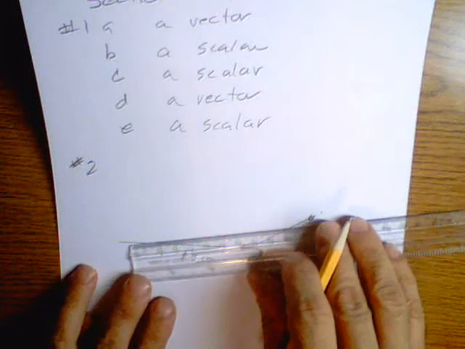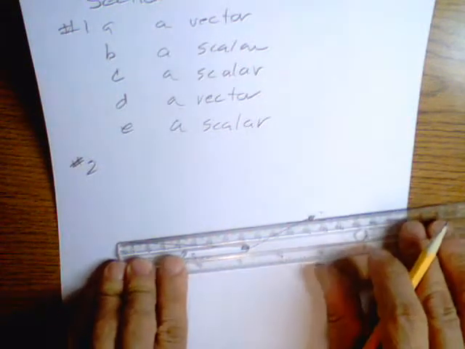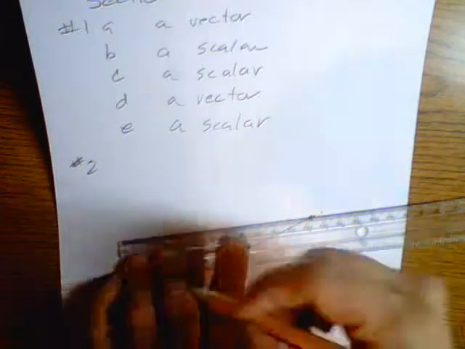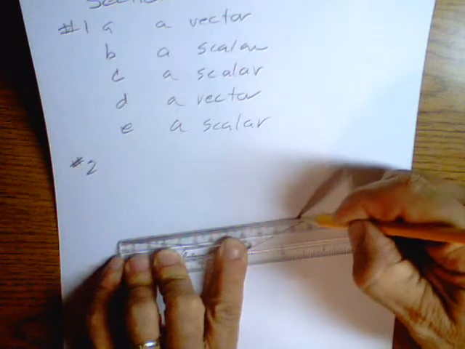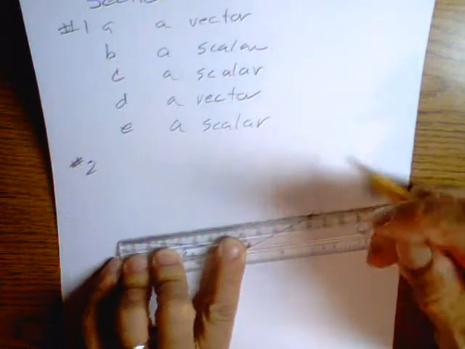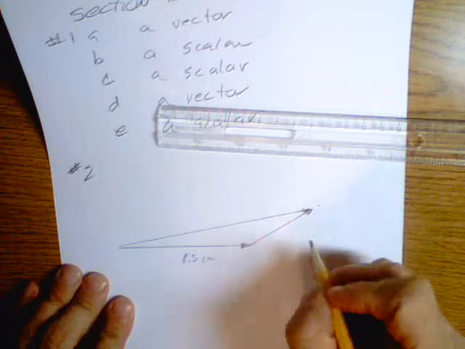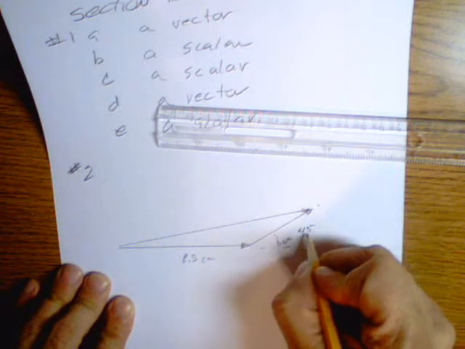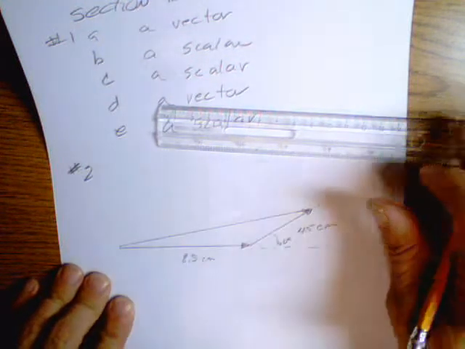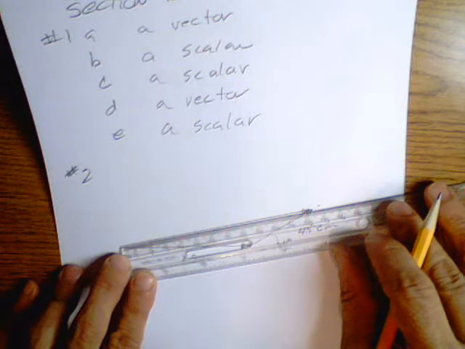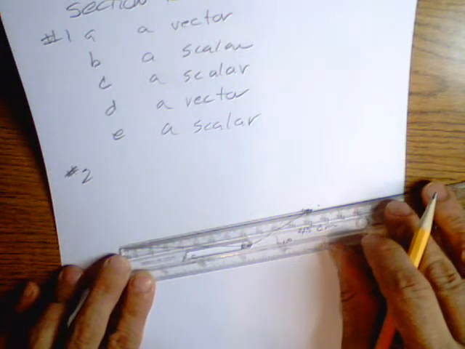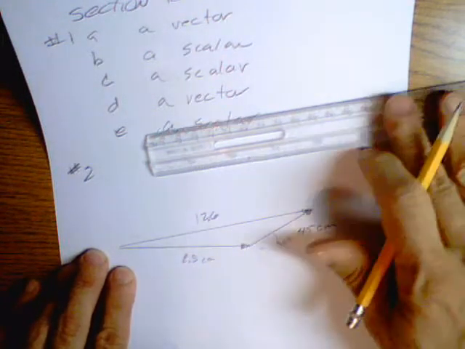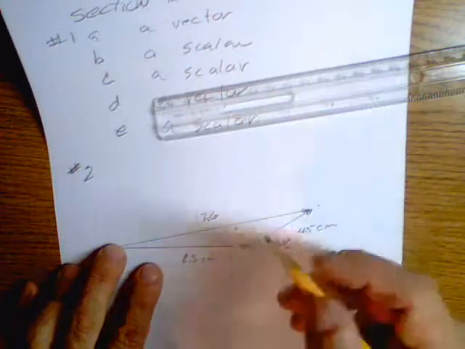And then the question is, what is the displacement? So the displacement would be connecting the ends. And as you can see, it's 126, or 12.6 centimeters.